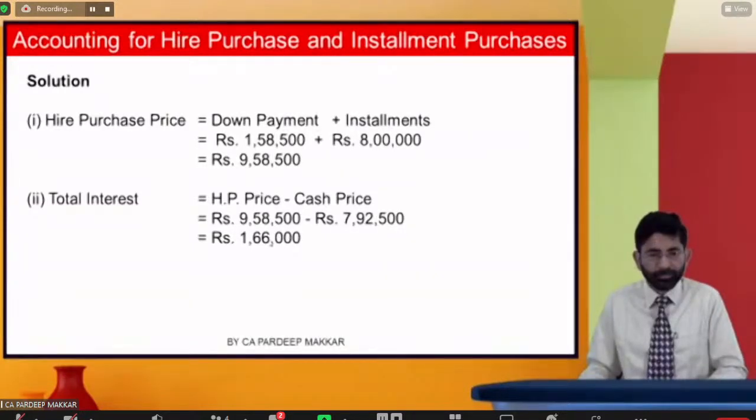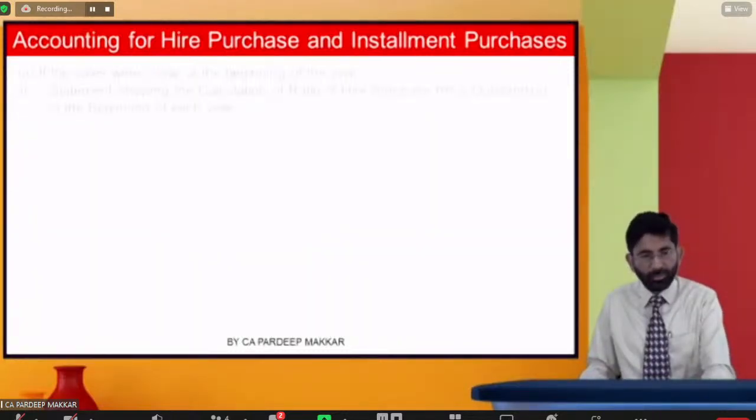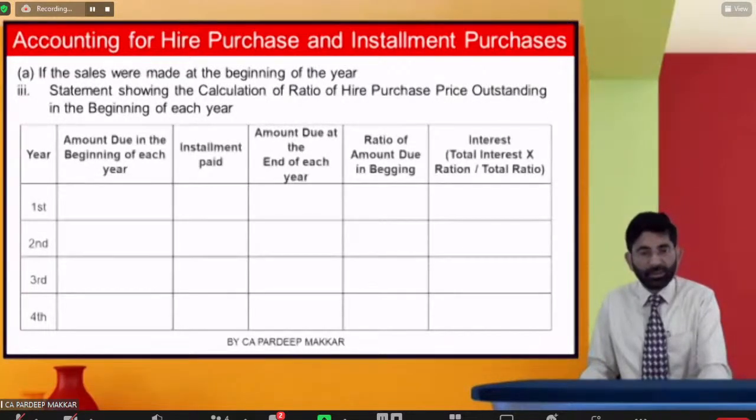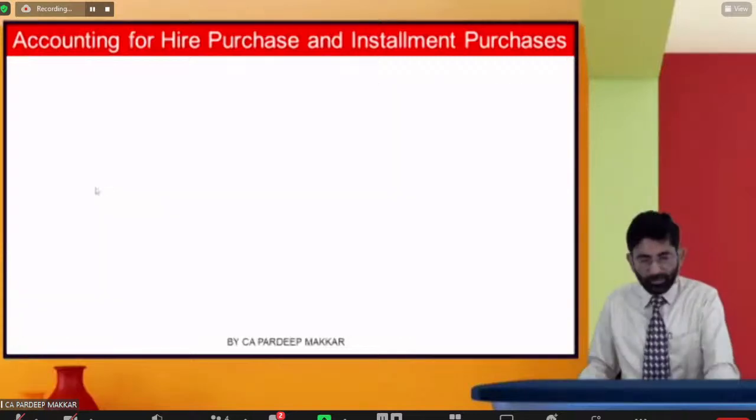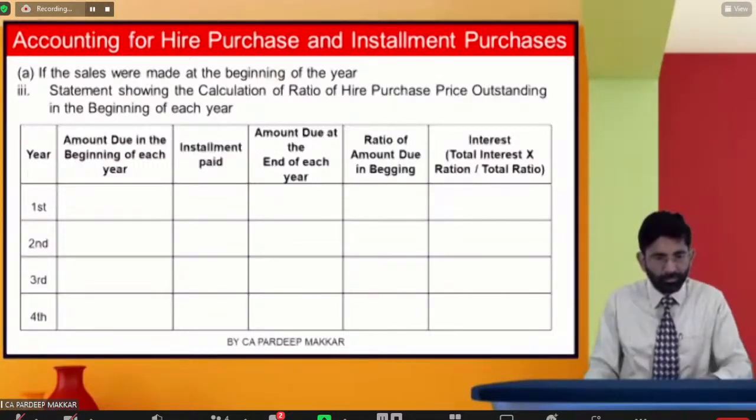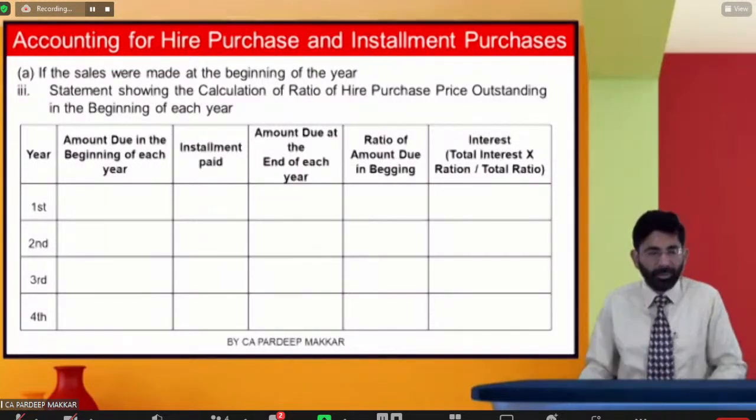Now next step is, if the sale is at the beginning of each year, then how to get it? First of all, this is the pro forma which you have to prepare: amount due in the beginning of each year, installment paid, amount due at the end of each year, and then you have to calculate the ratio, and interest will be divided in that ratio.